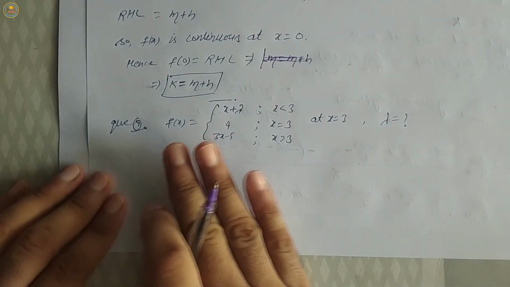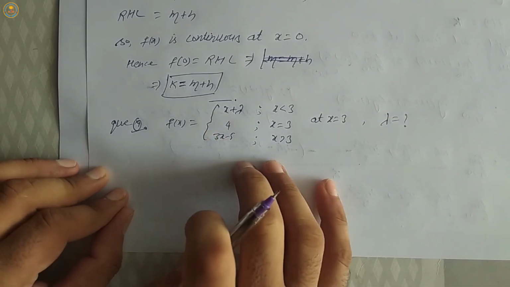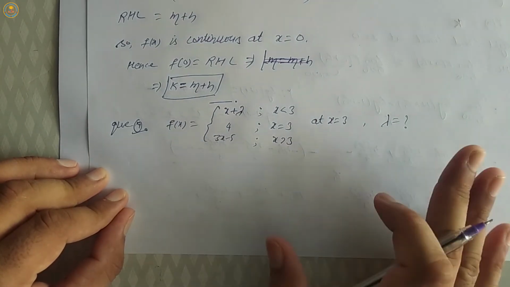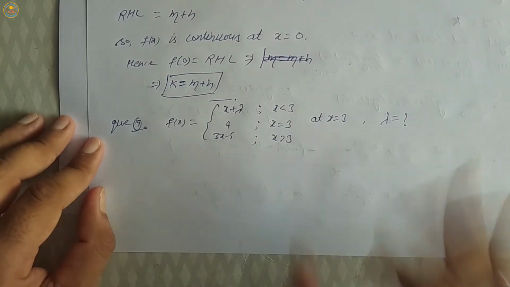Again, if the function f(x) is continuous at x is equal to 3, then the value of lambda will be, okay.